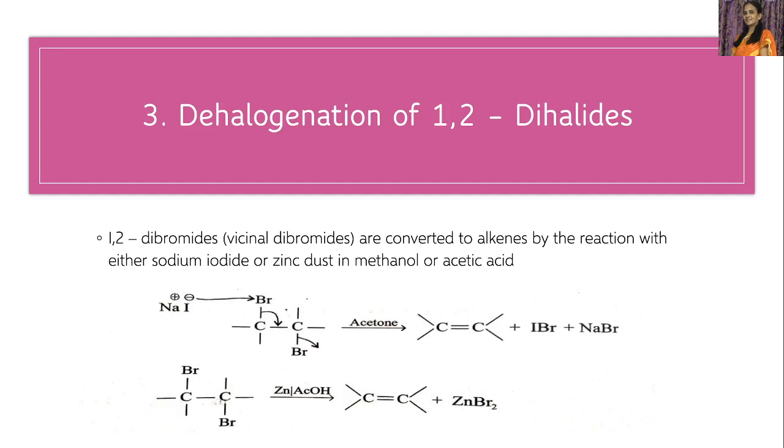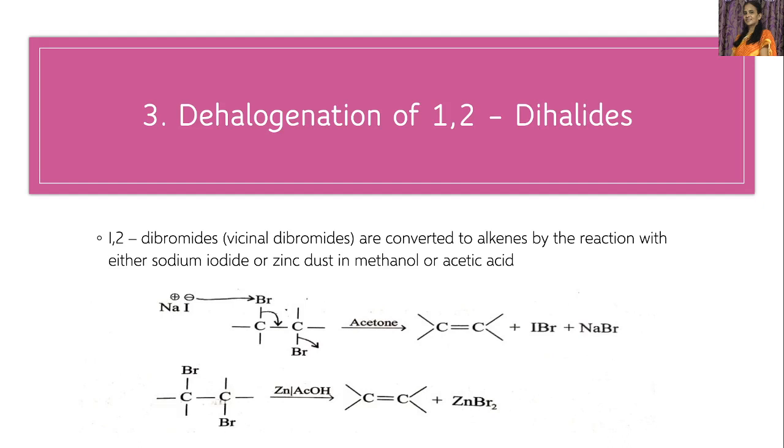This I minus removes Br plus. Then the bond pair present between this C and Br moves towards these two carbon atoms. Then this Br goes out along with a pair of electrons in the form of Br minus. So this I minus, Na plus and Br minus produce NaBr. So here alkene is the product obtained, and acetone is the solvent used here.